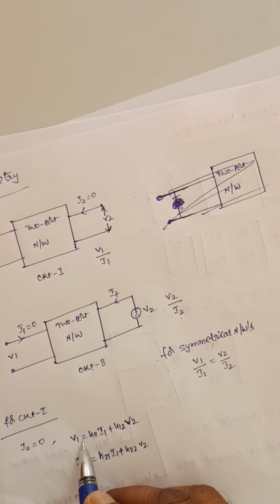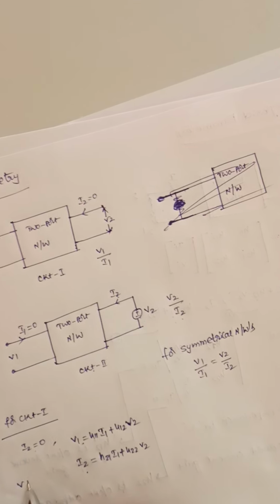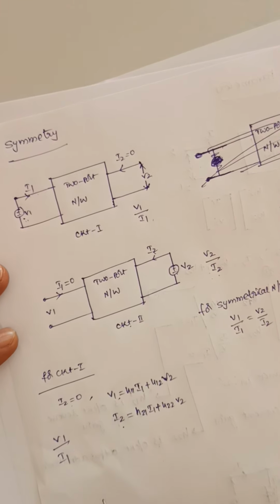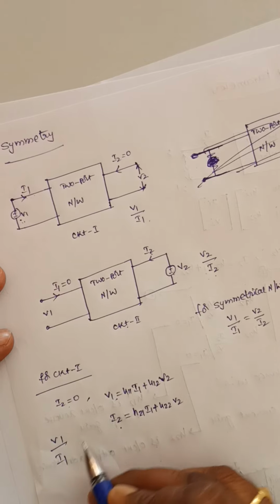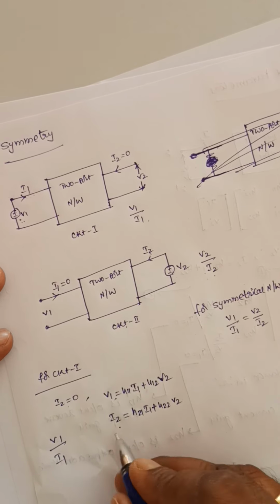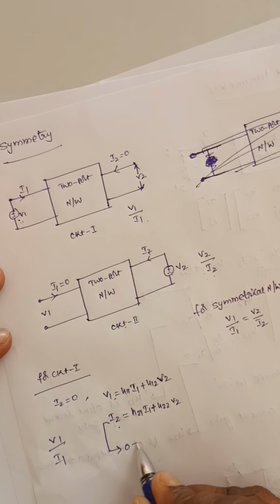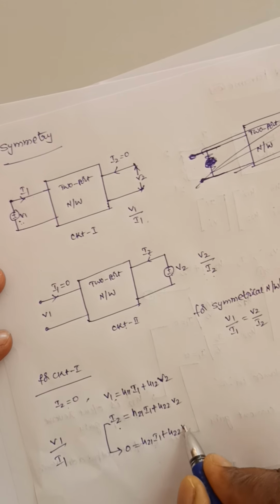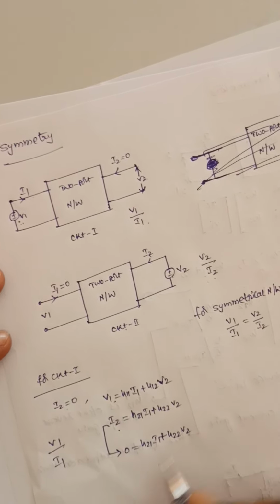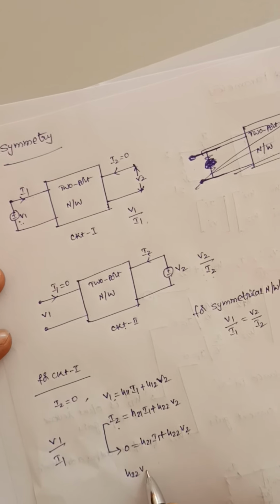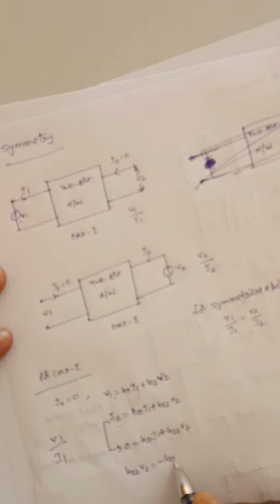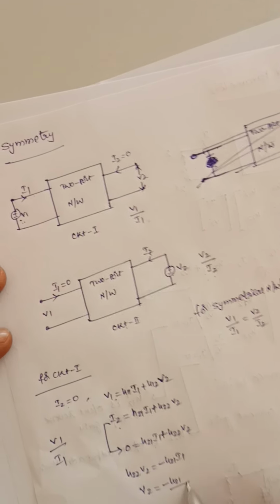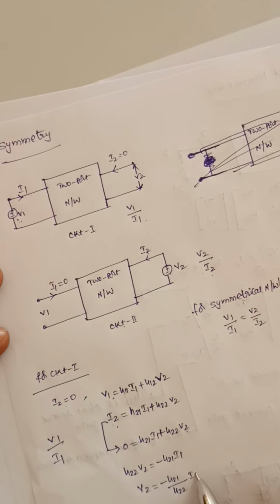Here in this circuit, what I need to find is V1 by I1. So to find this V1 by I1, I am going to substitute I2 is equal to 0 here. So 0 is equal to H21 I1 plus H22 V2. From this, H22 V2 is equal to minus H21 I1. From this, V2 is equal to minus H21 divided by H22 into I1.